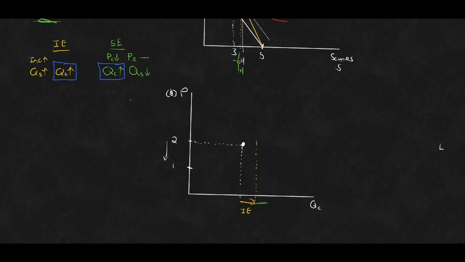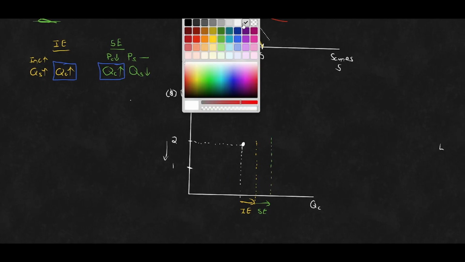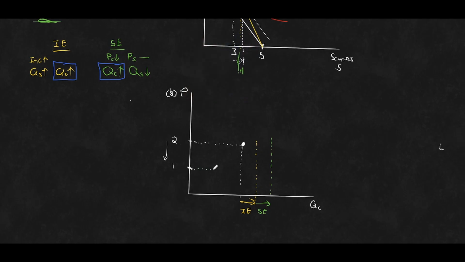So we would have our substitution effect there. Both of these effects altogether, at a price of $1, pushed us by income effect, pushed us by substitution effect. Both of them together for our overall effect give us our new price and quantity combination.